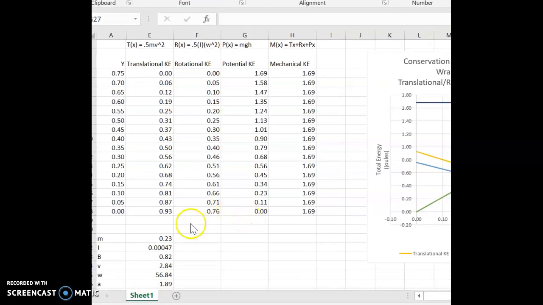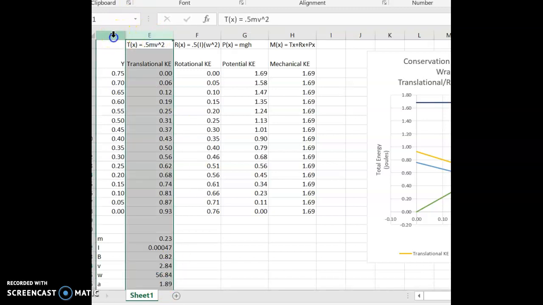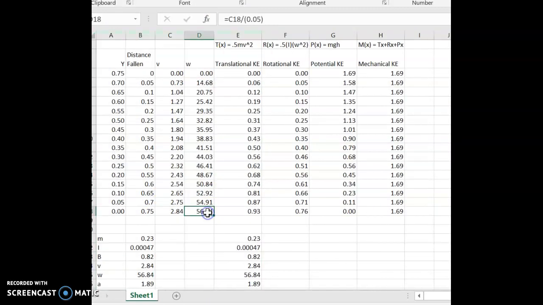So it makes sense because these all add up to 1.69, and omega, oh, I guess I've got them hidden. Anyways, if you open this up, you'll find that omega equals 56.84, the velocity is 2.84, and that's when the cylinder has fallen 0.75 meters.